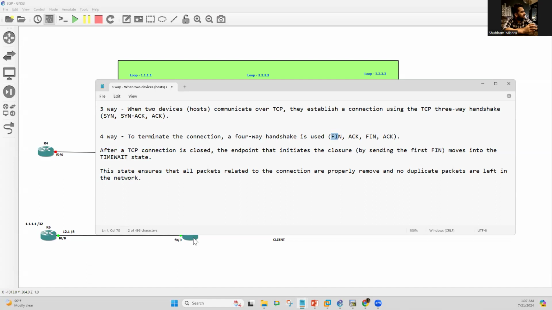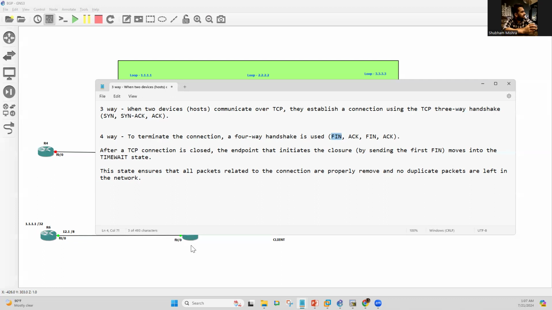This packet will reach R2. What will R2 do? R2 will generate another TCP packet, and in this packet R2 enables the acknowledgement bit. This is the acknowledgement of R1's FIN, because R1 wants to terminate the session with R2.